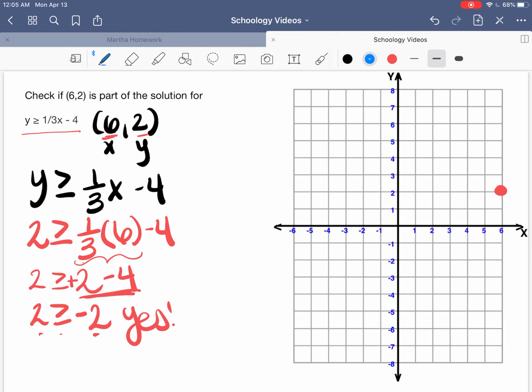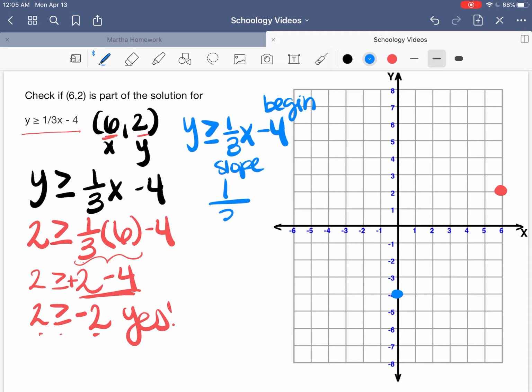So now let's try to graph it. We said we have y is greater than or equal to 1/3 x minus 4. Remember, this is my beginning point here. That negative 4 is where I begin my graph. My slope is 1/3. It's a positive 1/3. So that means that you're going up 1.